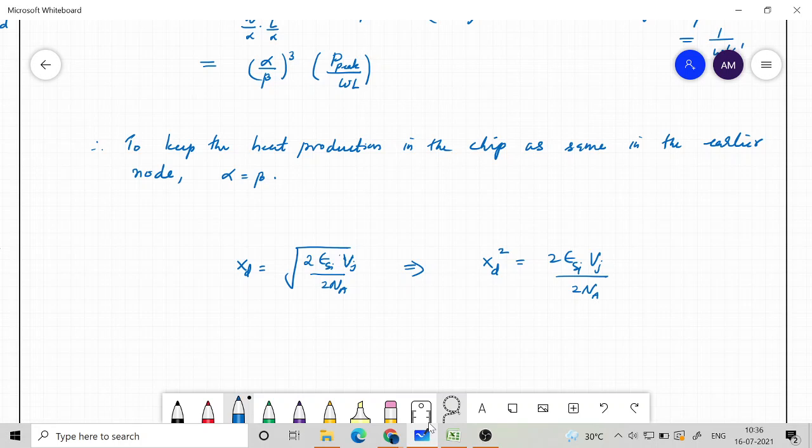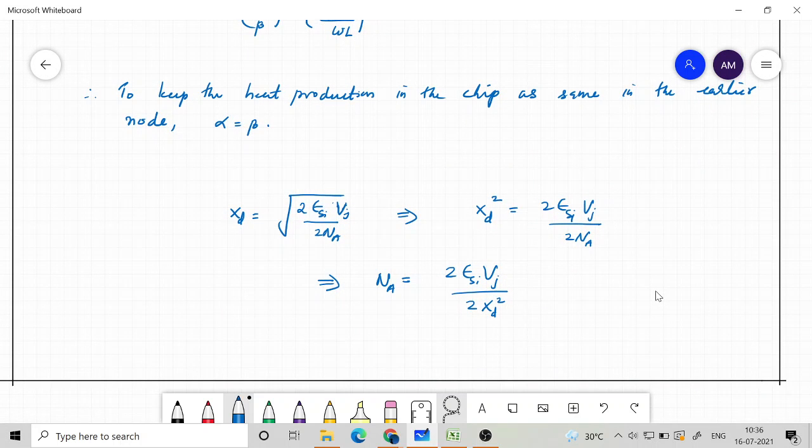Now what I want to look at is basically Na. How should I change the doping of the semiconductor in order to make the dimension scaled by alpha and voltage scaled by beta? So for example, I take xd dash square.